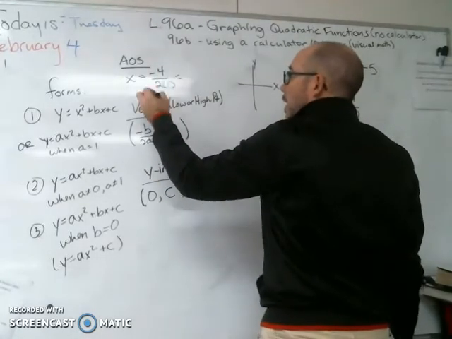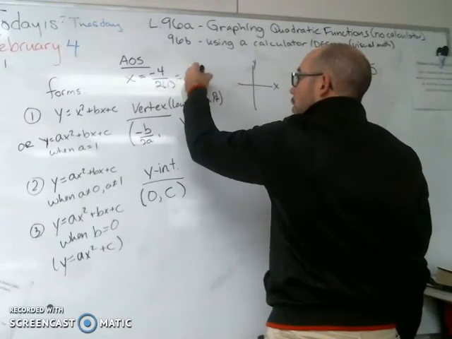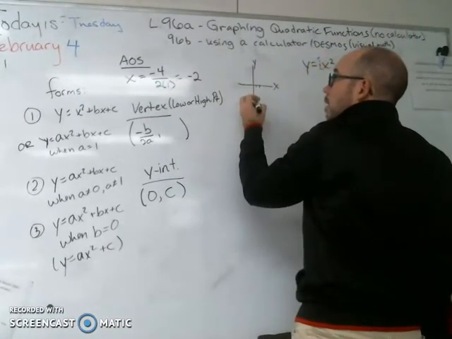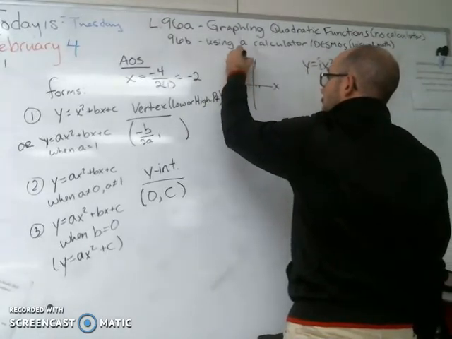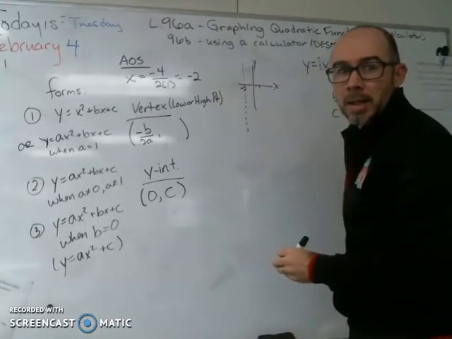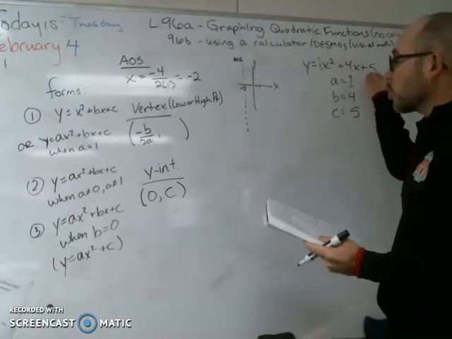That gives me the line x equals negative 4 over 2, or negative 2. We're going to draw a dotted line here at x equals negative 2. There's our axis of symmetry. There's our AOS for this one right here.